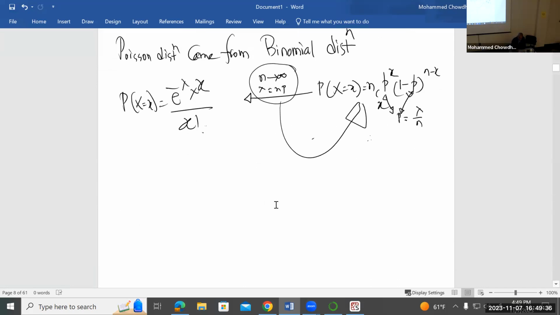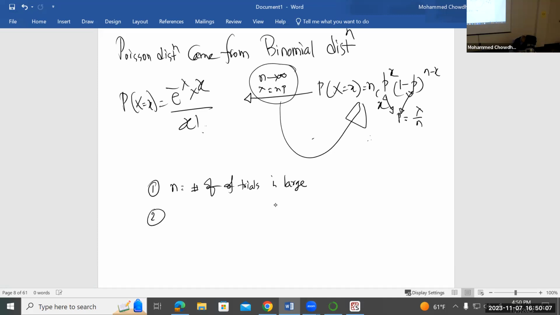Okay. Now, where to use the Poisson distribution? Under two conditions, the Poisson distribution will be used. Condition 1: n, the number of trials, is large.